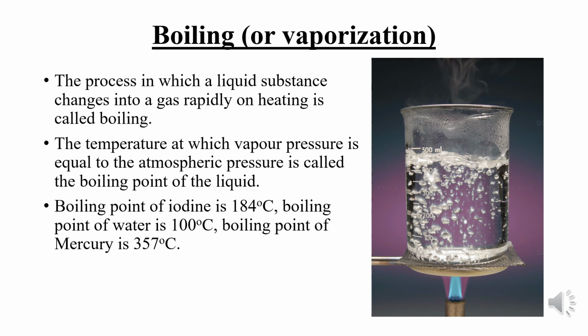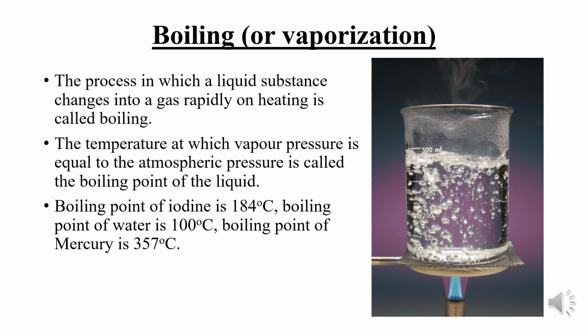Different substances have different boiling points because there is a difference in the force of attraction between the particles of these different substances. If the boiling point of a particular substance is higher, that means the particles of that liquid substance have higher force of attraction between them.